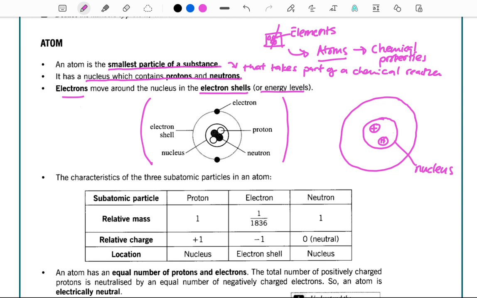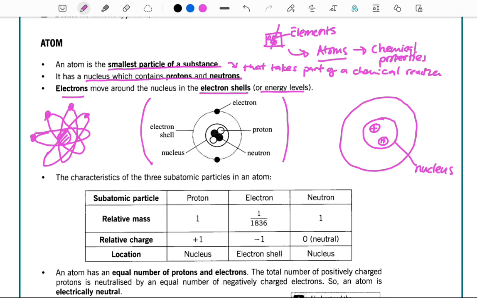So normally in an atom, let's say this one is what we have made to be the nucleus. You'd find that some electrons move in this direction, some electrons move in this direction, and some move in this direction. So these electrons move in different directions, and then the other one moves in a different direction.